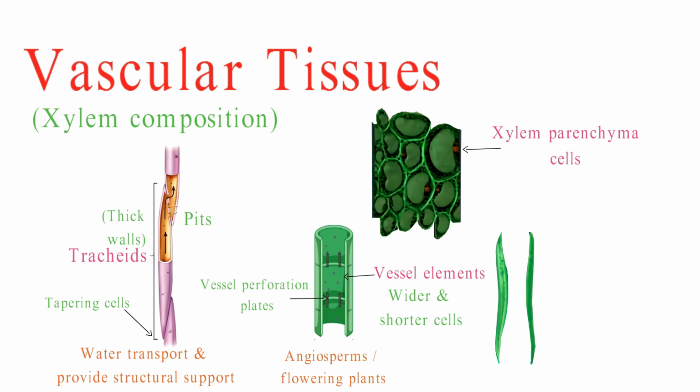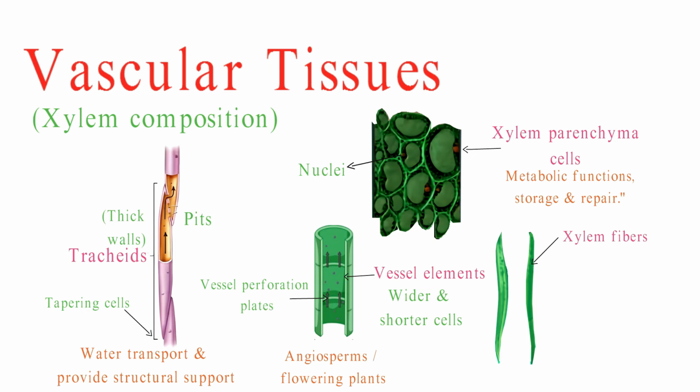Xylem parenchyma cells are associated with the xylem and are often found interspersed among the tracheids and vessel elements. Unlike tracheids and vessel elements, xylem parenchyma cells retain their nuclei and are involved in various metabolic functions, including storage and repair.